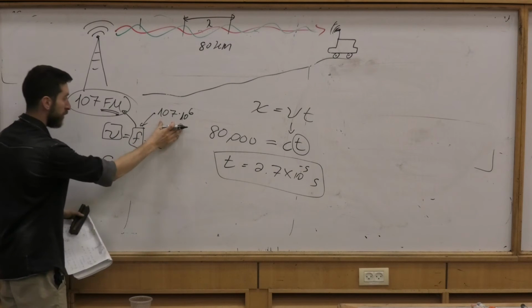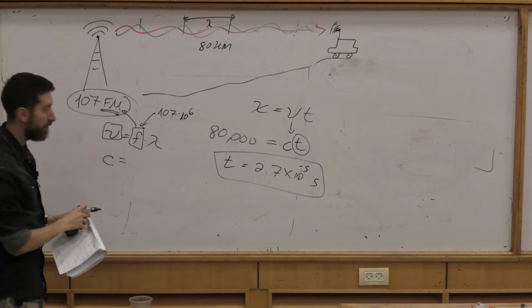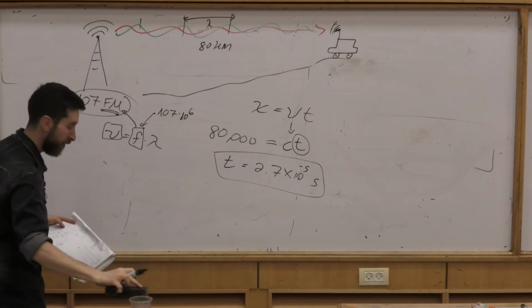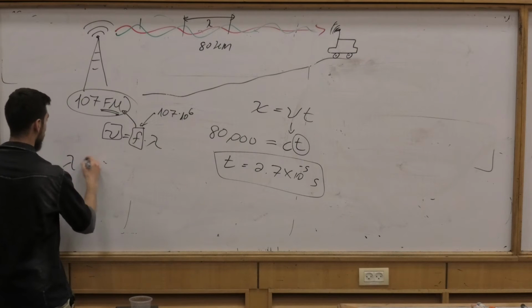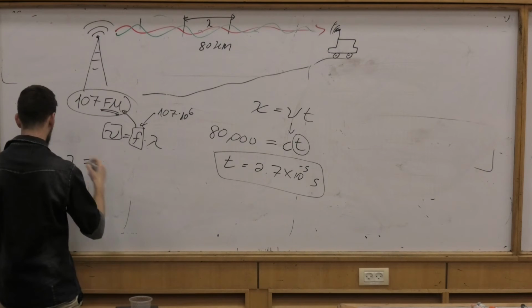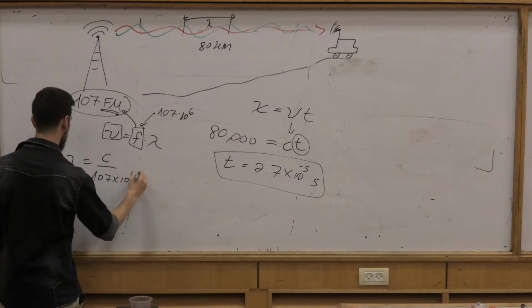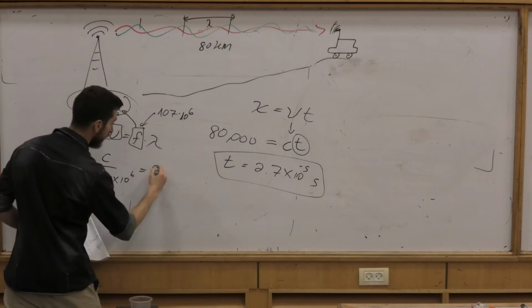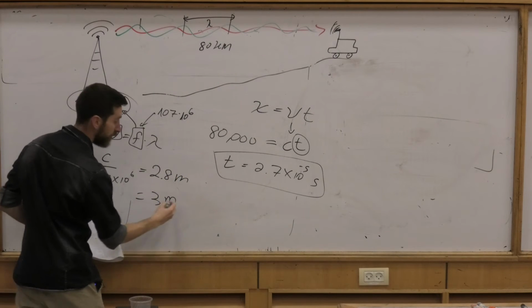This is a huge number, so we're going to get a nice wavelength, because they kind of cancel each other. So if I do wavelength equals c divided by 107 times 10 to the 6, we get 2.8 meters, which means about 3 meters.